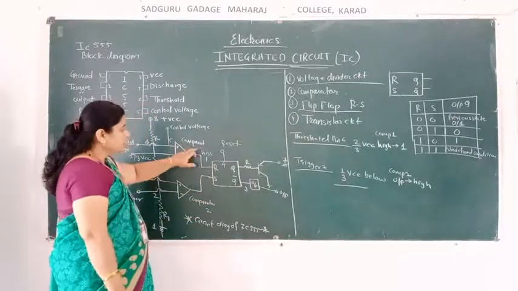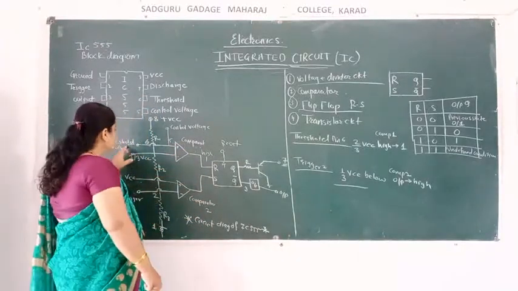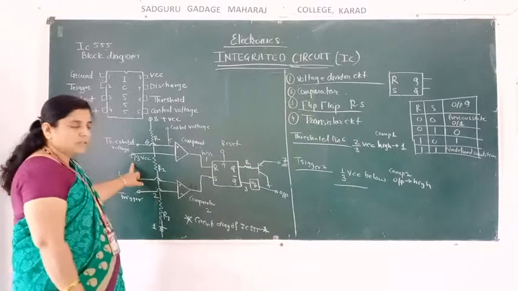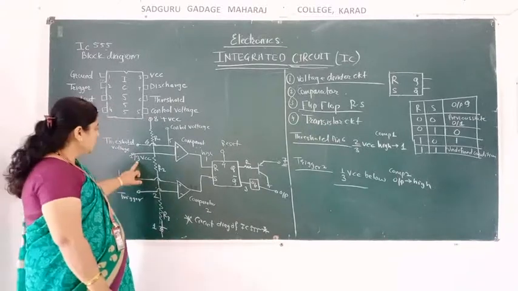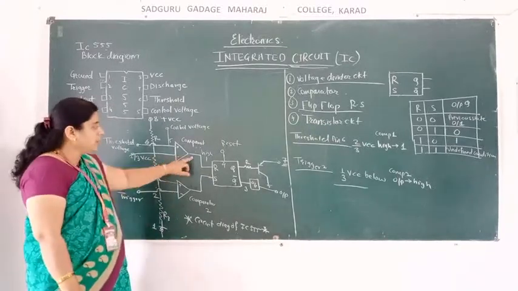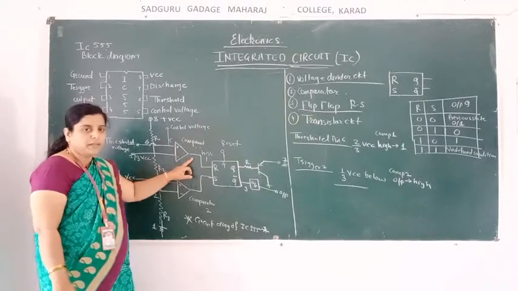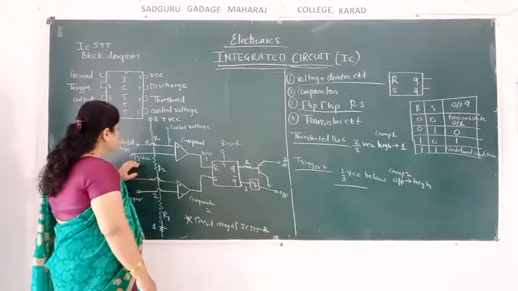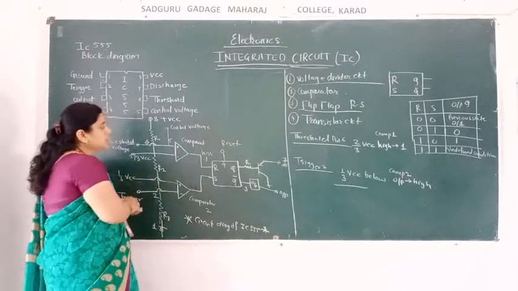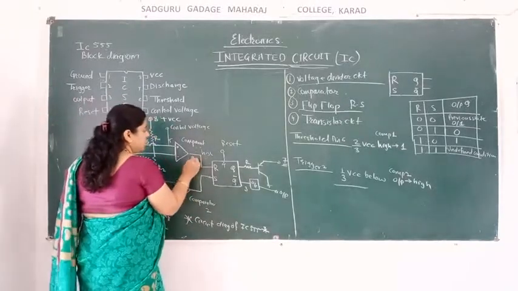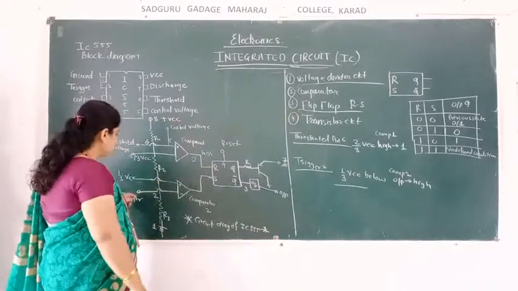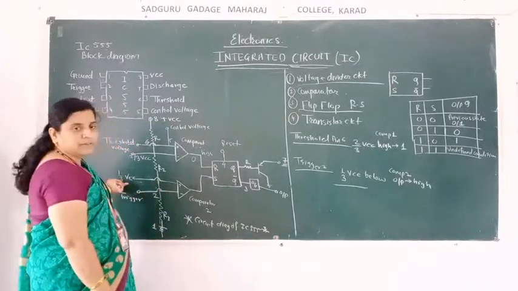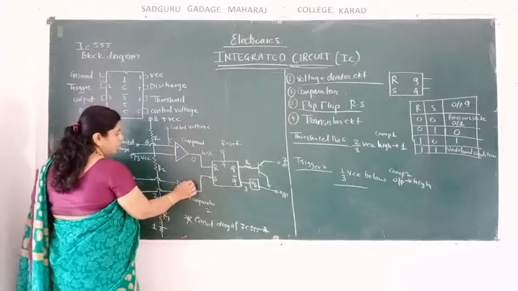So how do we get 1 and 0 here? When the trigger threshold voltage is 2/3 VCC, then the output of the first comparator is 1. Okay, if it is below 2/3 VCC, then the output of this comparator will be 0, and suppose this is 1/3 of VCC, then it will be 0.